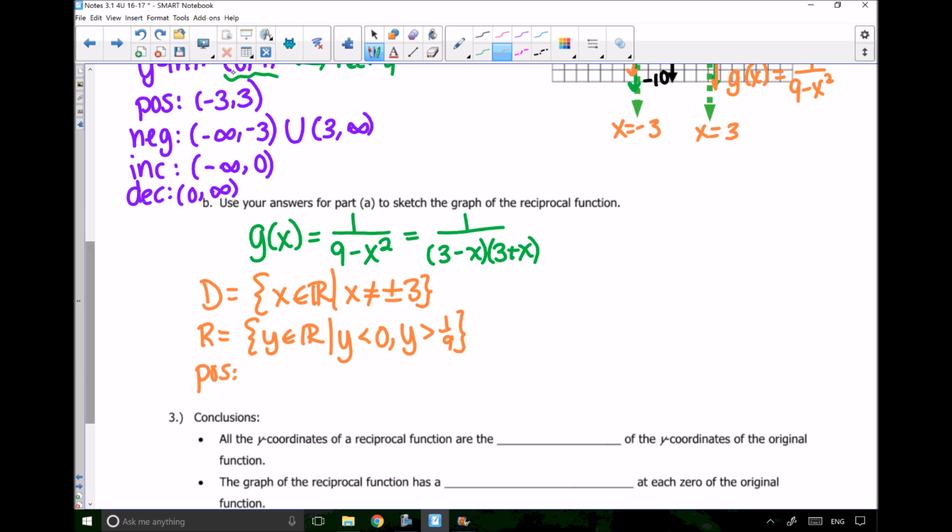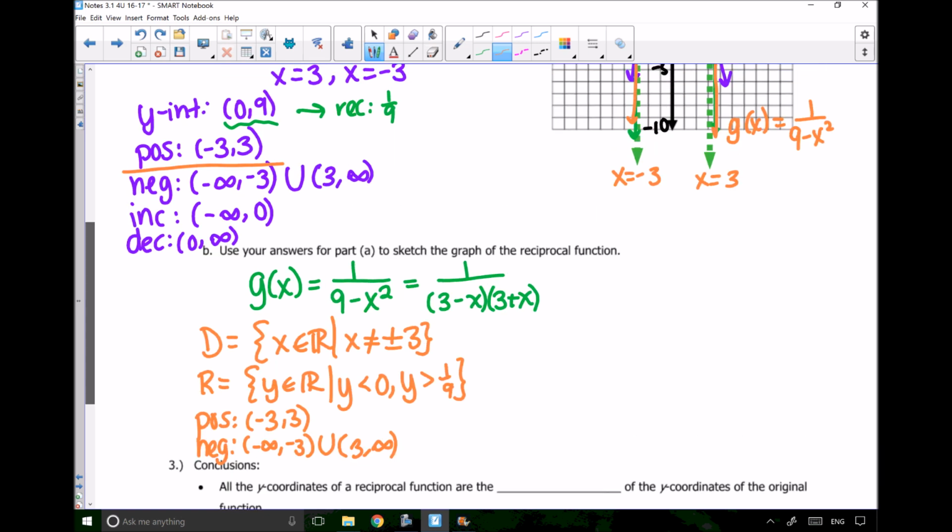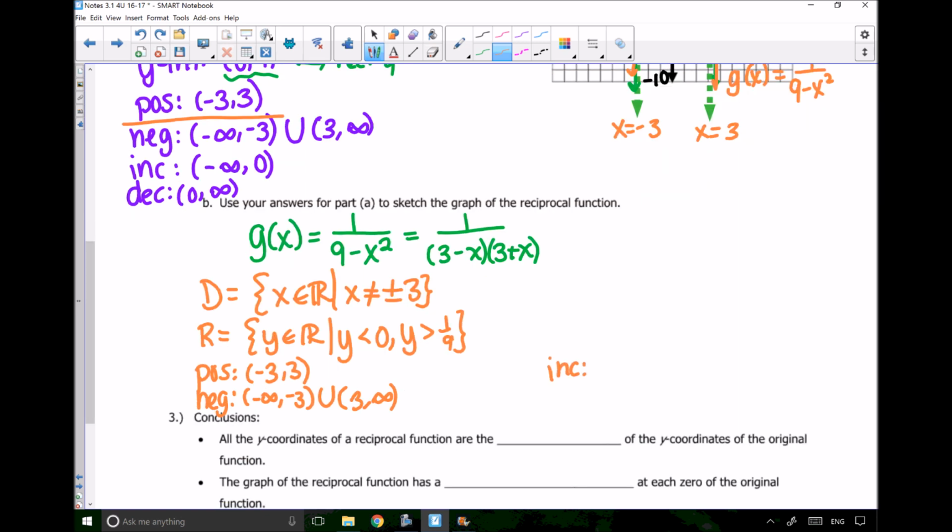Okay? Where is my graph positive? My graph is going to be positive under the same interval, so from -3 to 3. Where's my graph negative? It's going to be negative under the same interval, so from -∞ to -3, combined with 3 to infinity. Okay, now two more things. Where is my graph increasing?